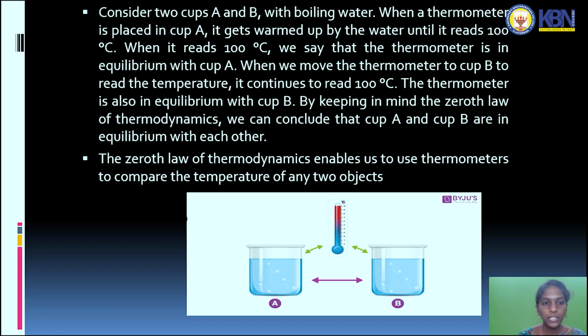The thermometer is also in equilibrium with cup B. By keeping in mind the zeroth law of thermodynamics, we can conclude that cup A and cup B are in equilibrium with each other.